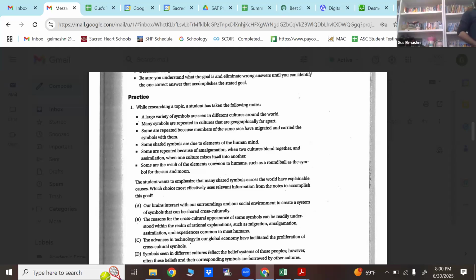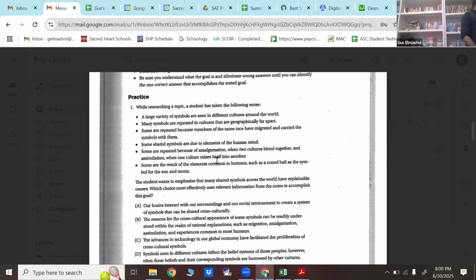So we look at the first bullet point. A large variety of symbols are seen in cultures around the world. Fine, it doesn't talk about causes. Many symbols are repeated in cultures that are geographically far apart. Fine, whatever. Some are repeated because members of the same race have migrated and carried the symbols with them. Okay, now we're talking. Some shared symbols are due to elements of the human mind. Some are repeated because of amalgamation, when two cultures blend together, and assimilation, when one culture mixes itself into another.